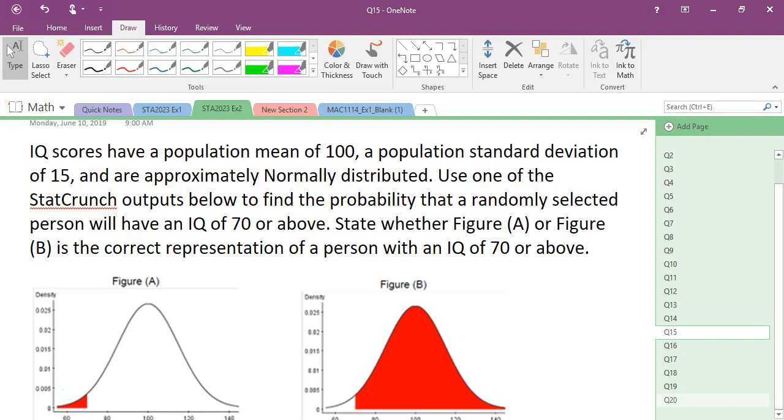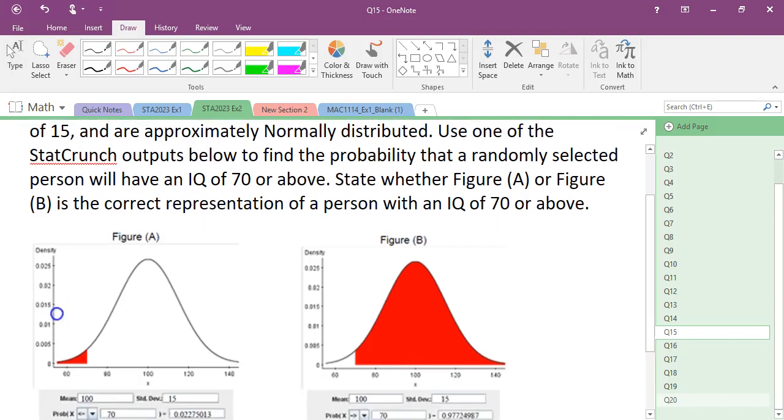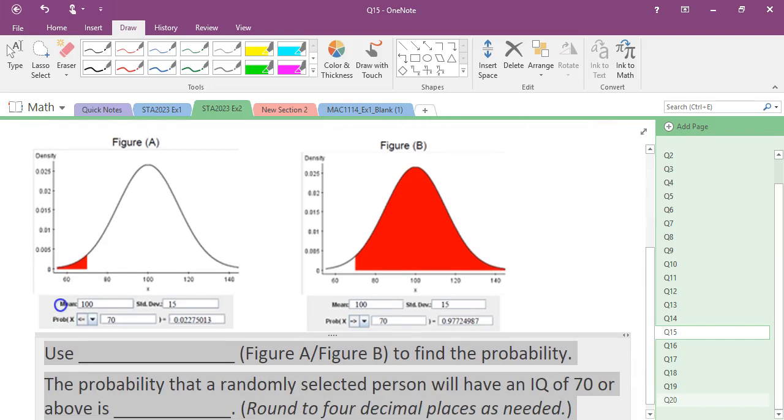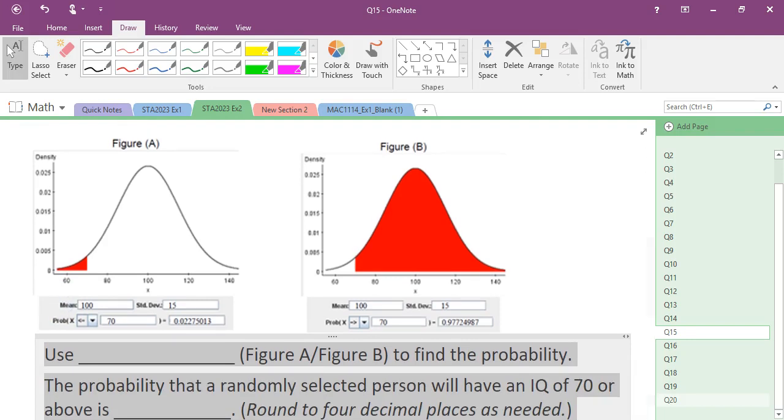Use one of the StatCrunch outputs below to find the probability that a randomly selected person has an IQ of 70 or above. State which figure it is, and then tell us the percent. Which of these figures, A or B, shows us 70 or above? Definitely B.